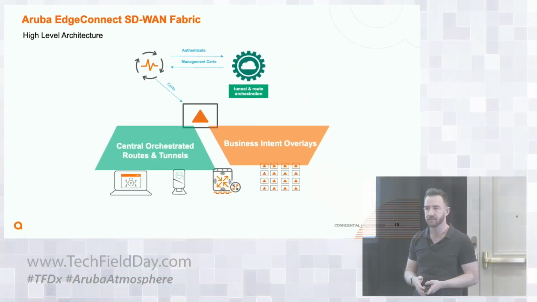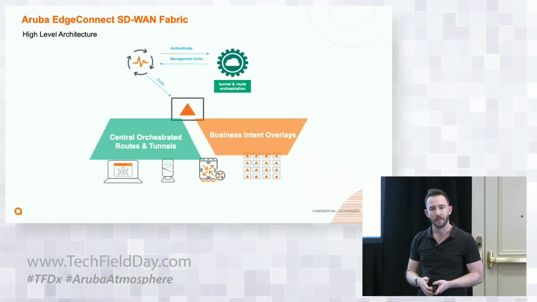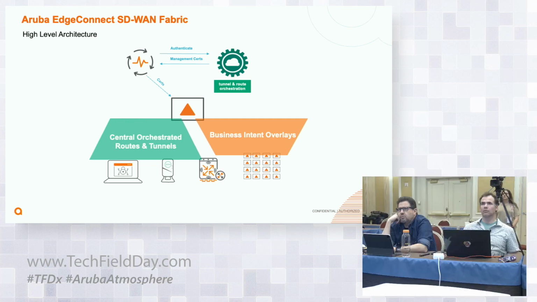So would you have separate APIs for different groups of devices, or would all your devices use the same API? When you add a device to Central, it's not enough for it just to be in Central and say, this is mine, right? You have to use the APIs you said earlier.